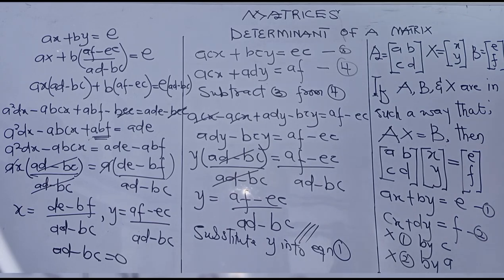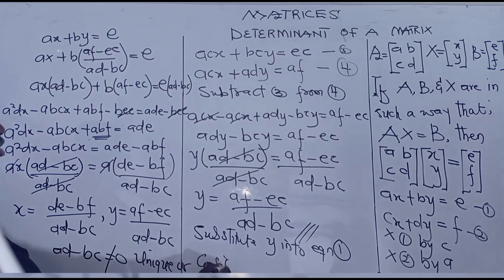What about when the expression AD minus BC, which is the denominator for these two solutions, is not equal to 0? If this expression is not equal to 0, then the solution for these two simultaneous equations is going to be a unique solution, or a consistent solution.